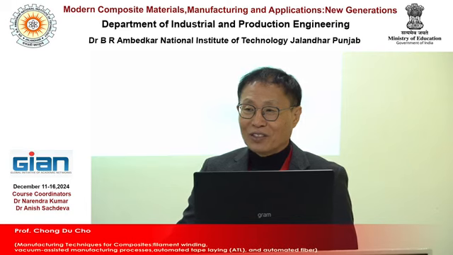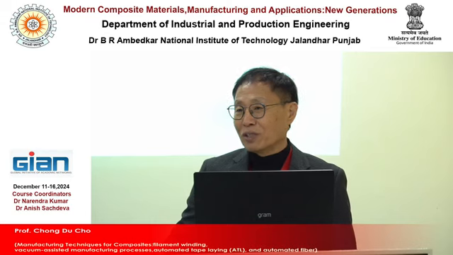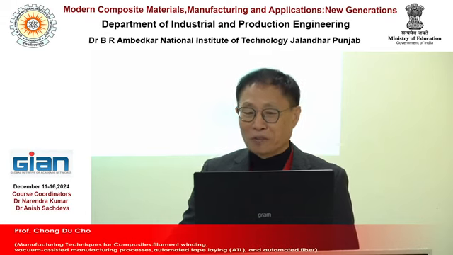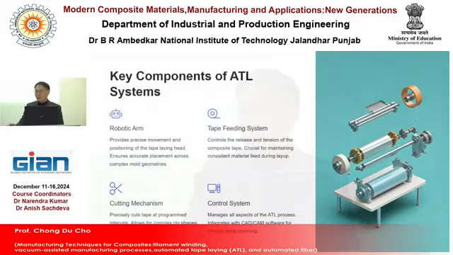Because these days only a small number of industrial robots are possible, SCARA robots, something like that. But humanoid-type robots are about to be on the market now, in 2 years. That means in 2 or 3 years, humanoid-type robots can be used for this kind of automatic composite material manufacturing machine.